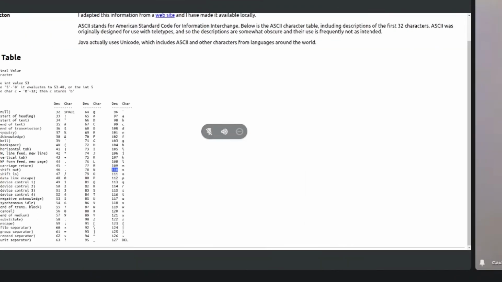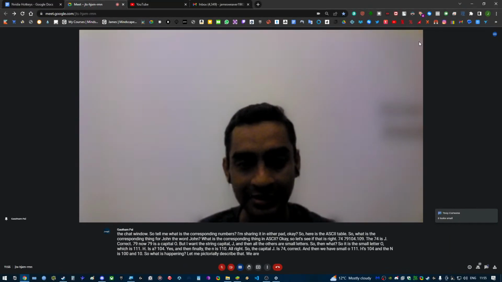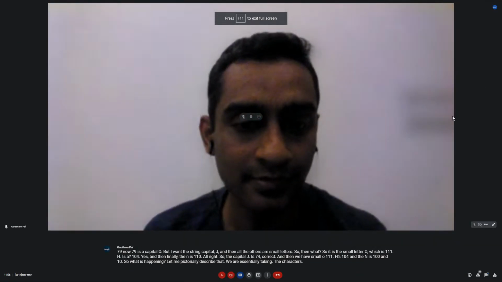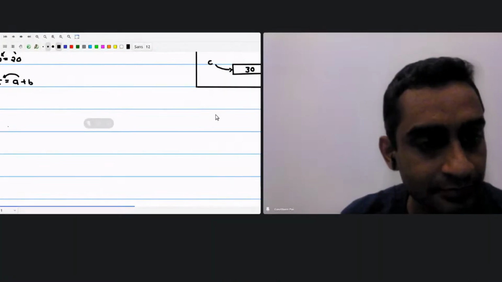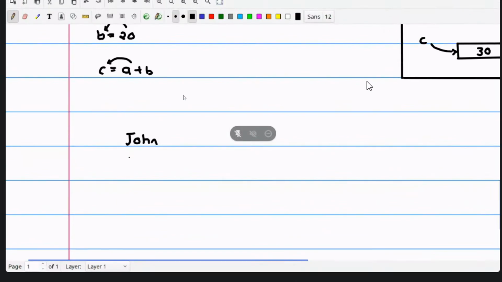So what is happening? Let me pictorially describe that. We are essentially taking the characters of John, and we are looking for a mapping for every character. First I'm going to just write the numbers, but just keep in mind, the number is converted to the corresponding binary. So now I have these 4 numbers.